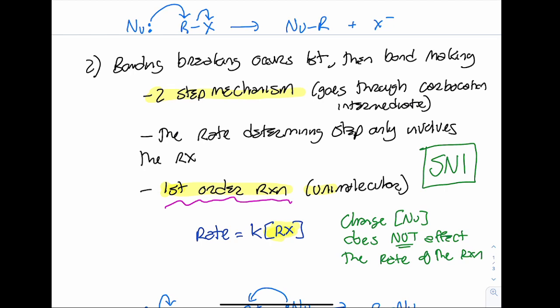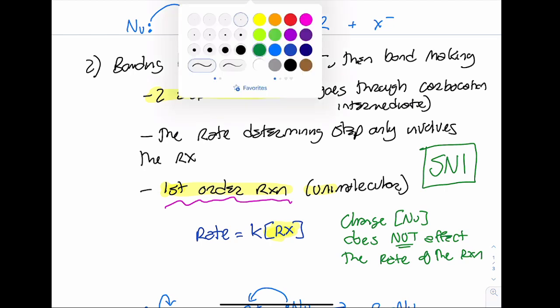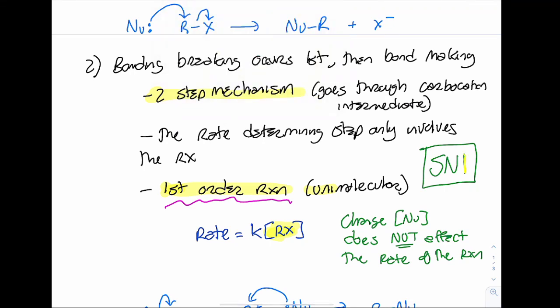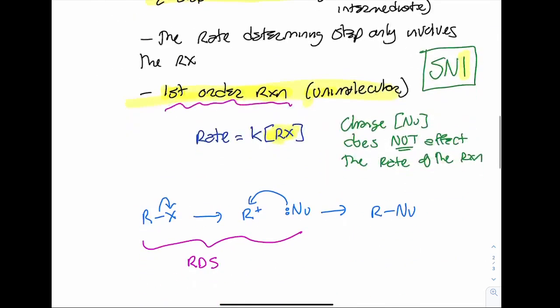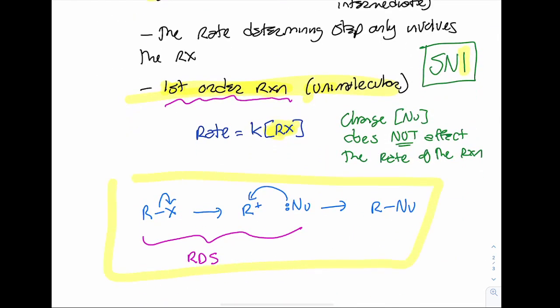So this would be an SN1 mechanism. Again, the 1 stands for the fact that it's a first order reaction. The mechanism, if we look at it, takes place in 2 steps, but it is first order, right? Only the alkyl halide affects the rate.